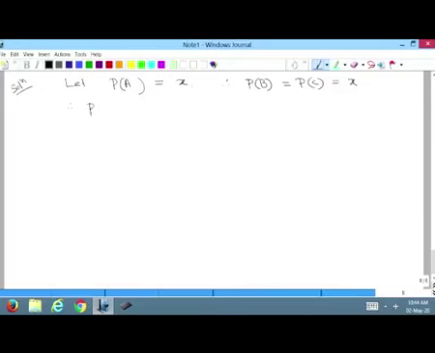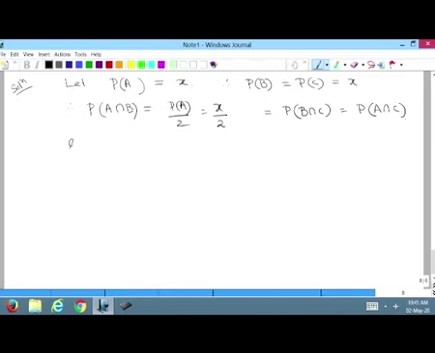Therefore, probability of A intersection B is equal to probability of A by 2 is equal to x by 2, and that is same as probability of B intersection C and probability of A intersection C, and probability of A intersection B intersection C is equal to half of that, therefore, x by 4.